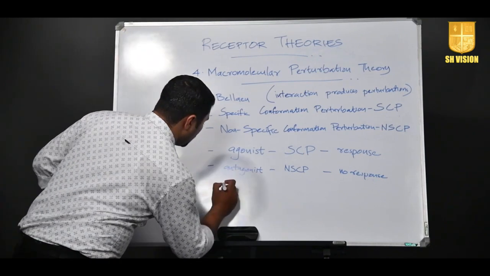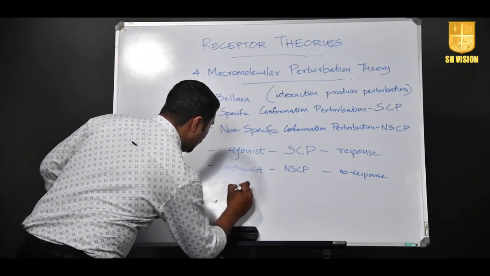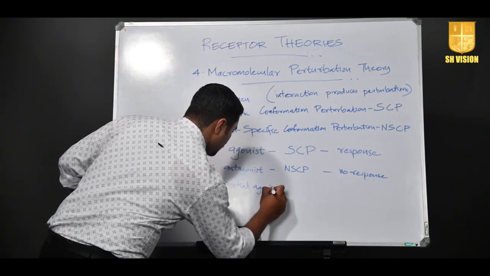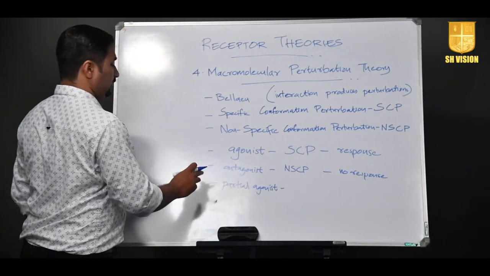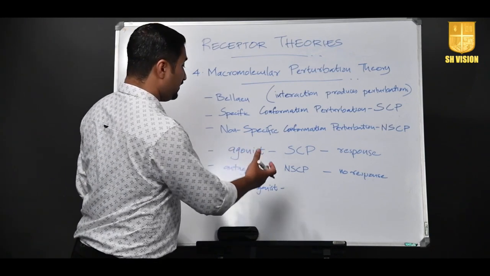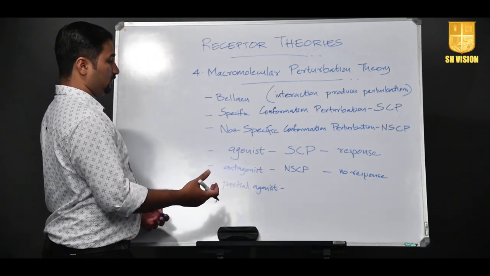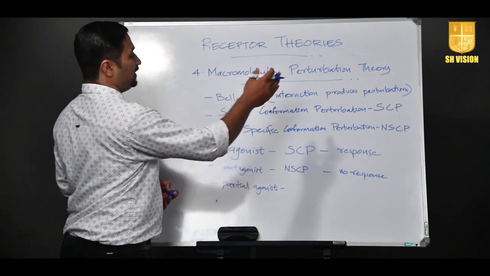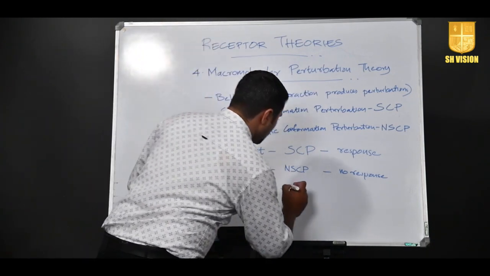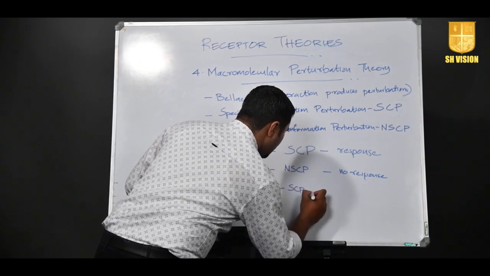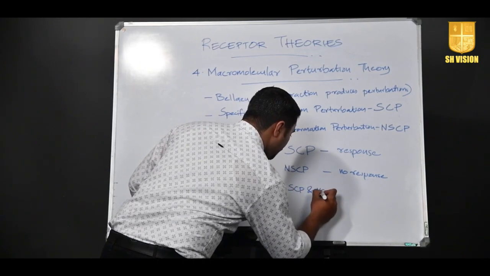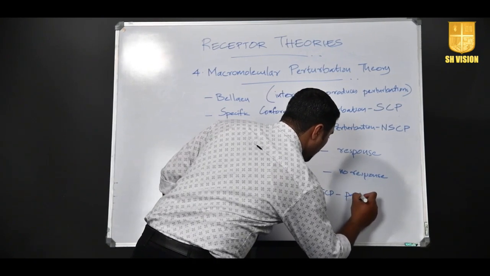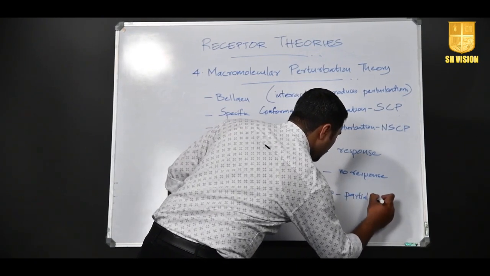So, for partial agonists, that is, those drugs giving partial response, they will have both the SCP as well as NSCP. So, SCP and NSCP will give you a partial response.